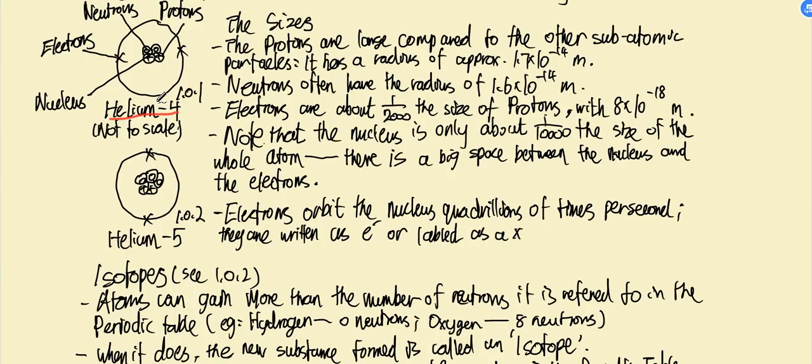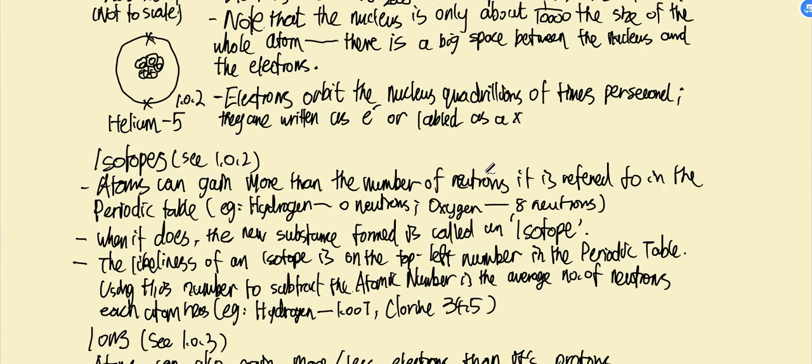Like, helium can be helium-4, with 4 neutrons, or helium-5, with 5 neutrons. It's probably more likely to be 4 neutrons for helium. Chlorine is something very different, 34.5. Minus the 17, it has 17.5 neutrons, which means it's equally likely to have 17 or 18 neutrons.